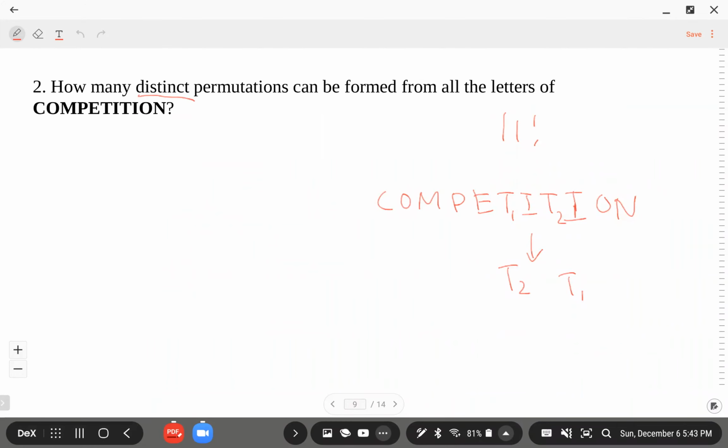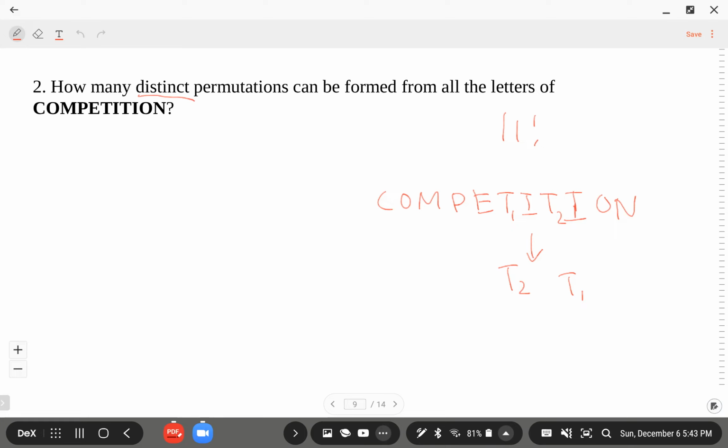They're the exact same, T1 and T2. And like I said, order does not matter in this specific problem because no matter how you permutate these 2 T's, they're gonna look the exact same.